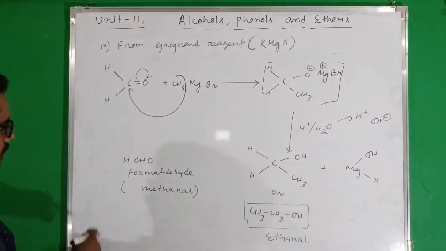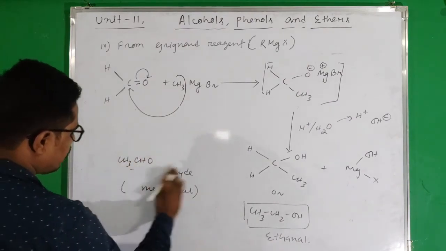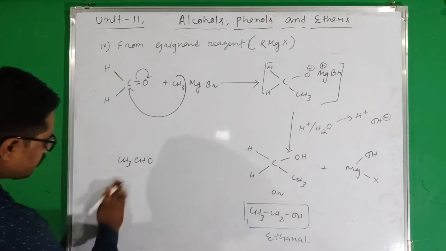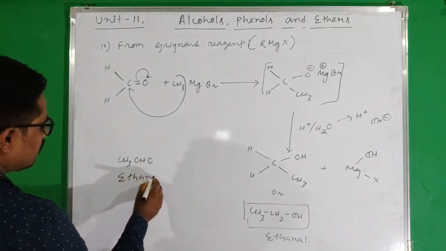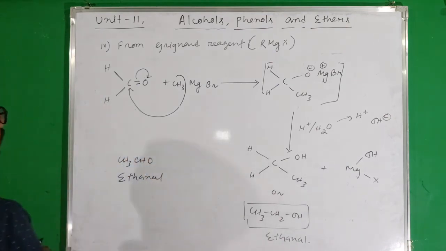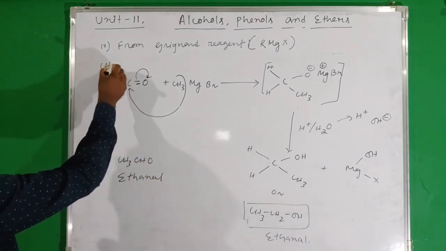Okay, suppose we are considering CH3CHO, that means ethanal. The common name of this compound is acetaldehyde, and the IUPAC name is ethanal. So when we use ethanal, then we have one CH3 group here.